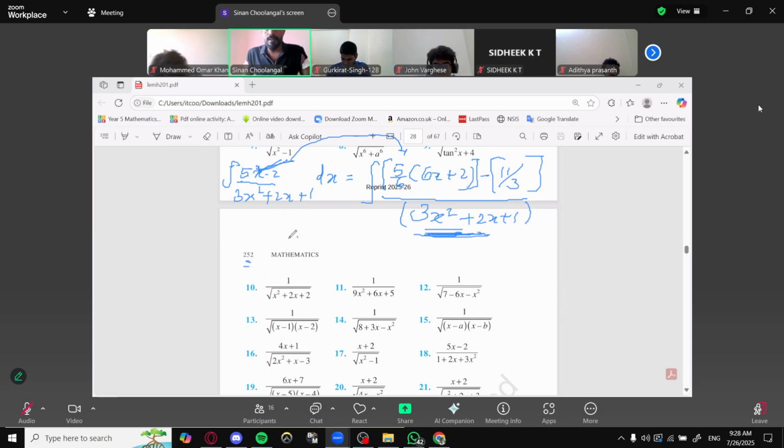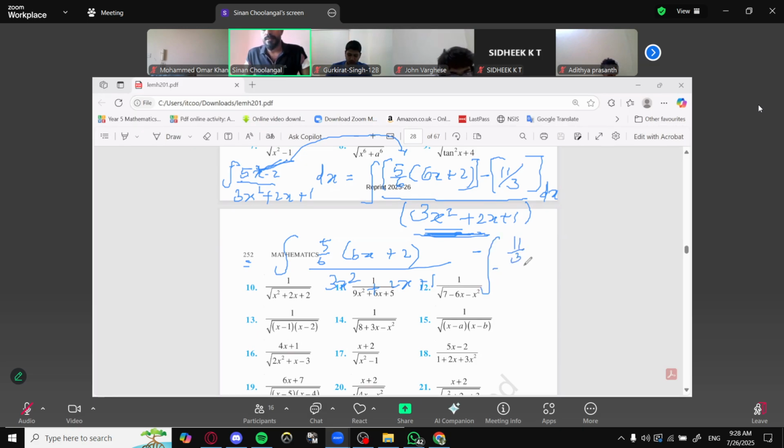Now you can divide it as two integrals. One integral for the first box: 5 by 6 times 6x plus 2 over 3x square plus 2x plus 1, minus 11 by 3 times the other integral. As two integrals I separate. Now take 5 by 6 outside.